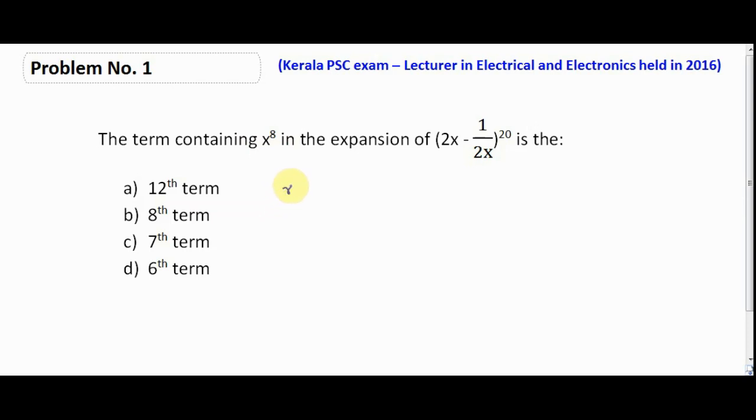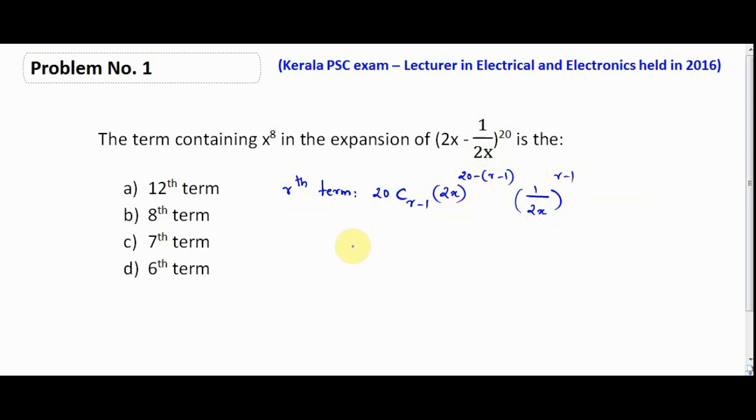So here the rth term in the expansion will be 20C(r minus 1) (2x) raised to (20 minus (r minus 1)) into (1 by 2x) whole raised to (r minus 1).